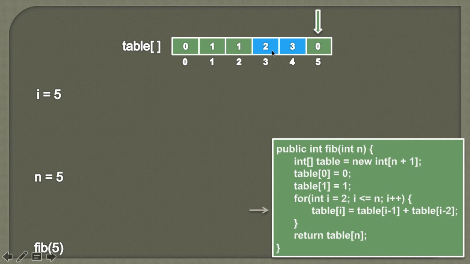So we'll do the sum of these two values, which is 2 plus 3 equal to 5, and we'll store the 5 at the fifth index.